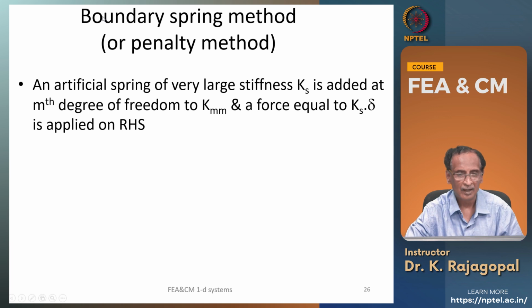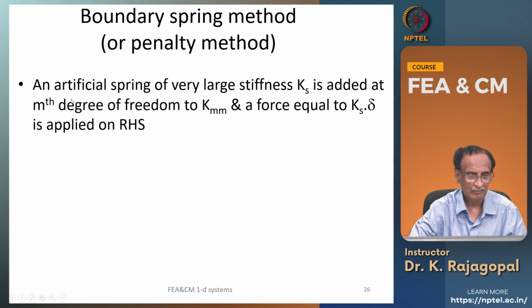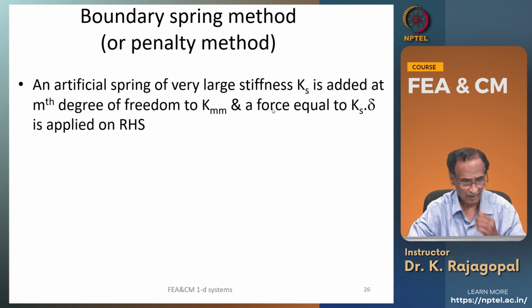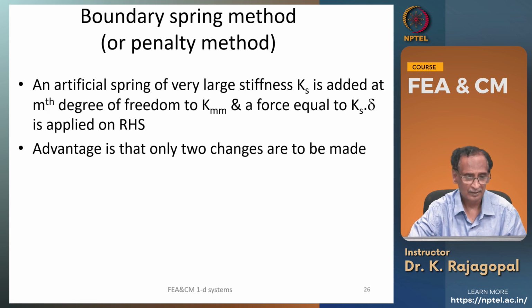Okay. And what we do is we take an artificial spring of very large stiffness Ks and add it at the mth degree of freedom where we want to apply some constraint, and then apply a force equal to Ks times delta on the right hand side. Okay.